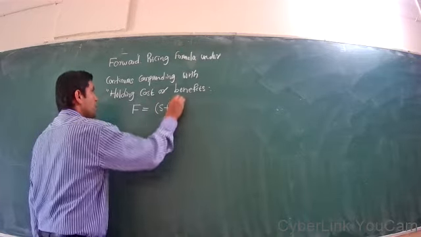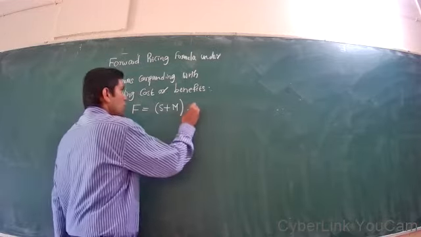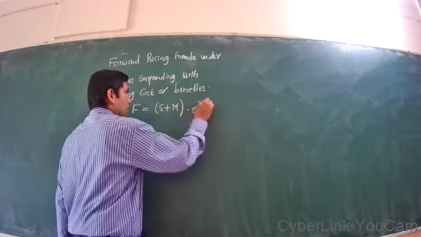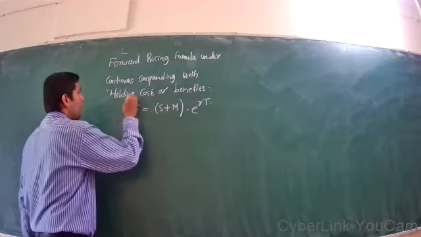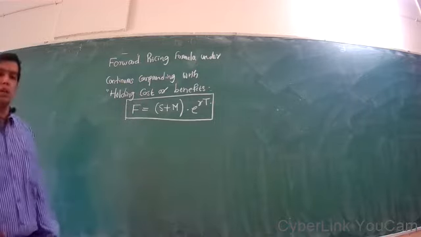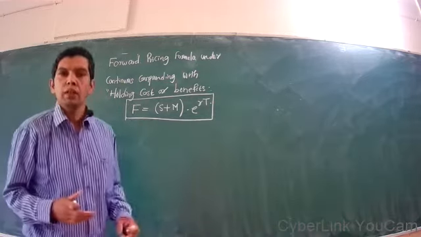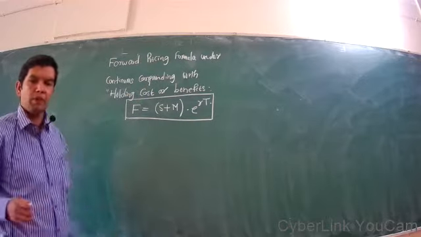Here M is the holding cost or benefit. So this is the formula for calculating the forward price under continuous compounding with holding cost or benefits.